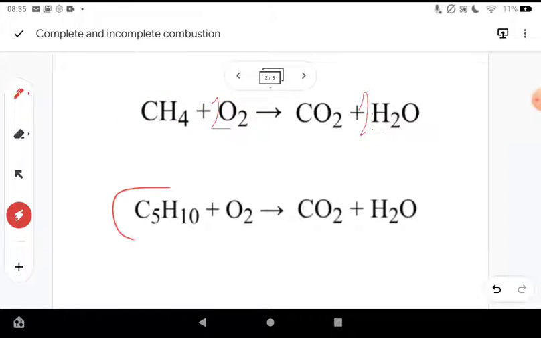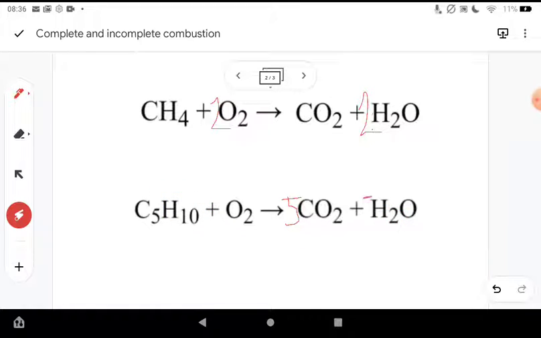If we go down here and have a look at this equation, this is a little bit different. I'm going to need 5 carbons there. Over here, I'm going to need 10 hydrogens, so I'm going to need 5 waters as well, because 10 divided by 2 is going to give me 5.